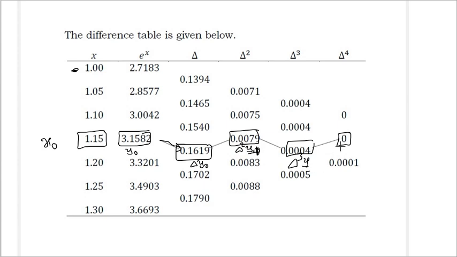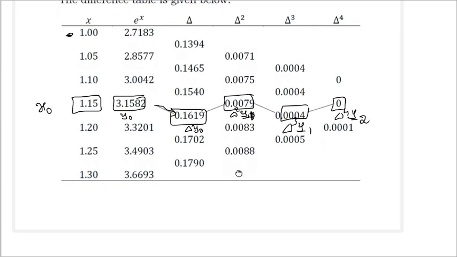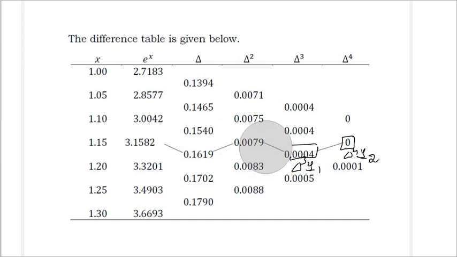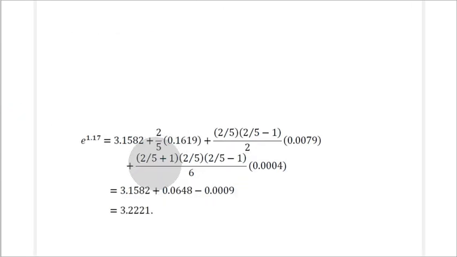This is delta cube of y minus 1 and this is delta power 4 of y minus 2. So keep it on paper, take the values, compute the difference table, and accordingly pick up the values.